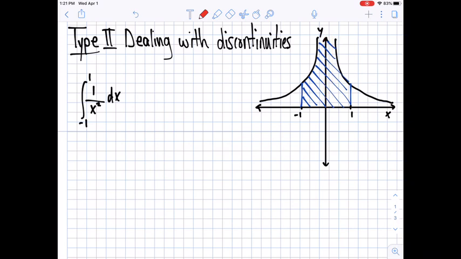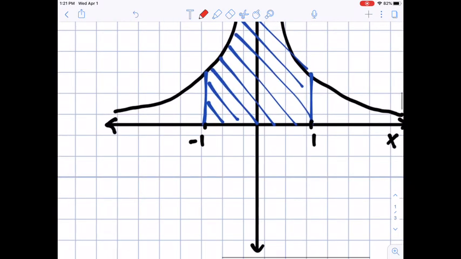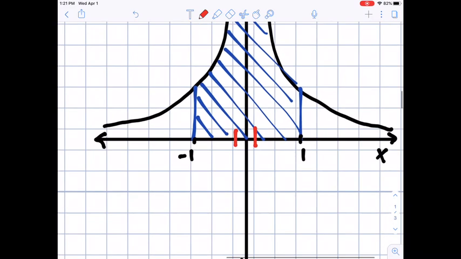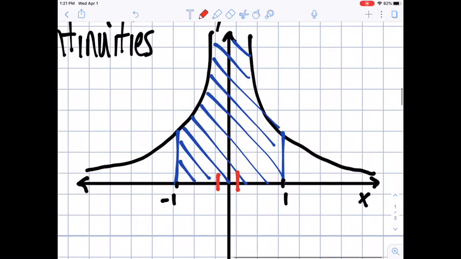What if we find a closed interval on which our function is going to be continuous? Right here to the left of 0 and right here to the right of 0, we can introduce some parameters. In other words, we can do our definite integral on this region, and then a definite integral on this region. On each one we'll have continuity, and so we'll be able to use FTC2.